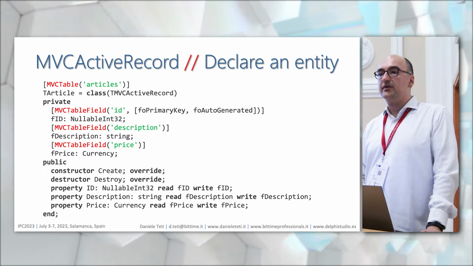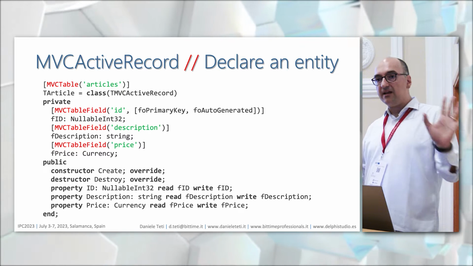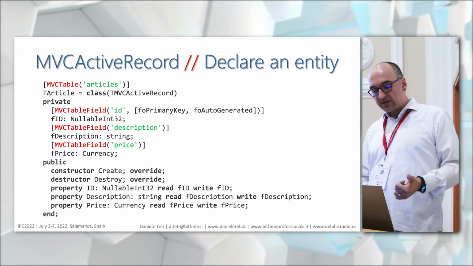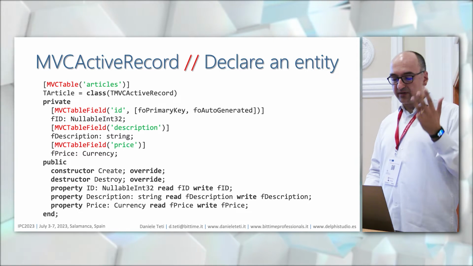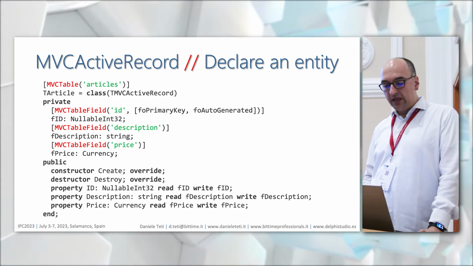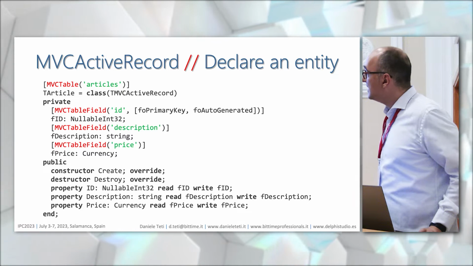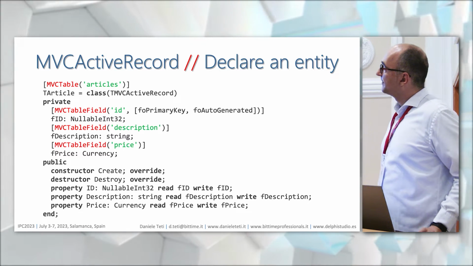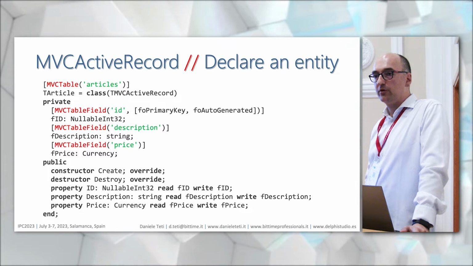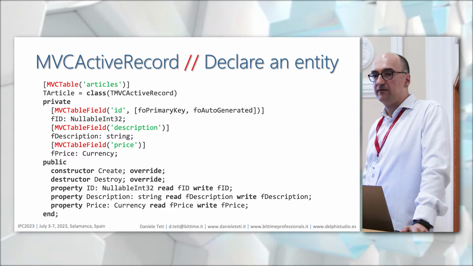It currently supports, without changing anything apart from specific cases, PostgreSQL, MySQL, MariaDB, Firebird, Interbase, SQL Server, and SQLite. So this is how an entity is declared. It's a normal PODO, which stands for plain old Delphi object.